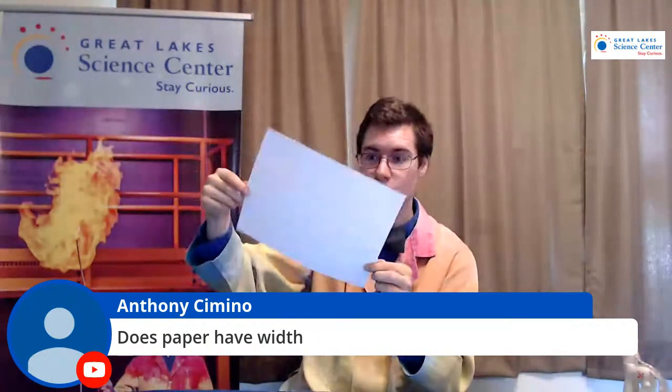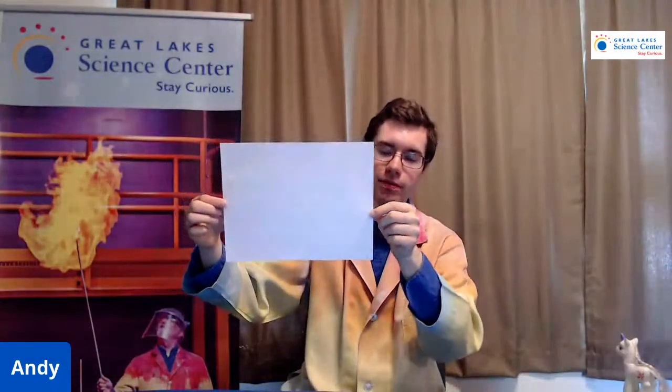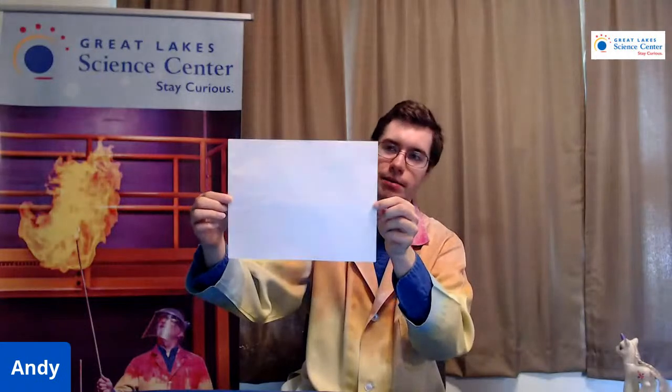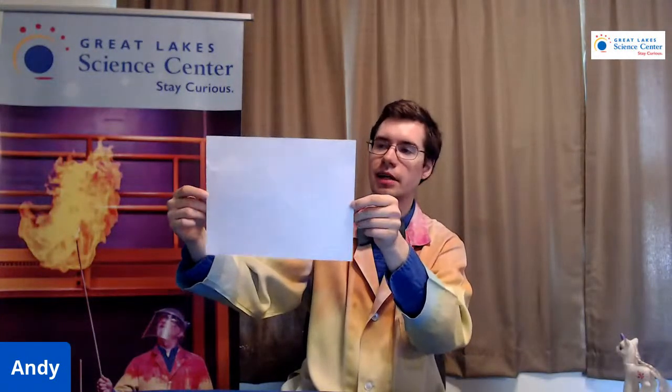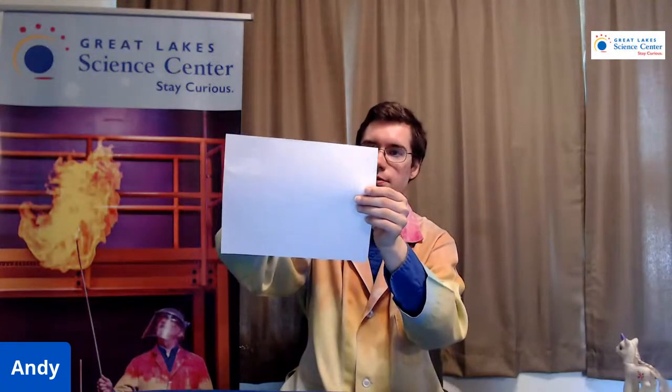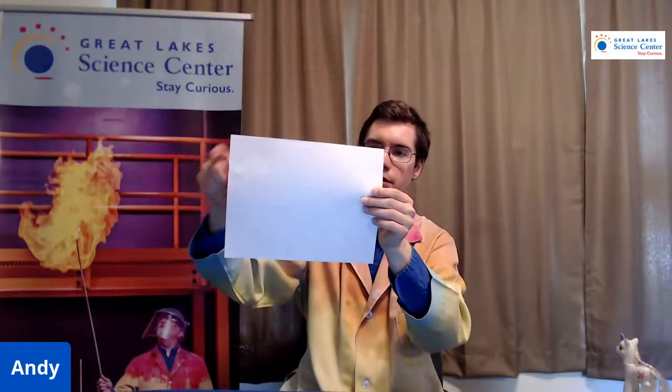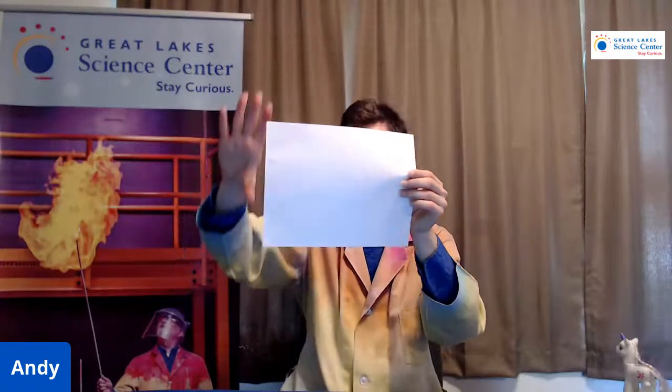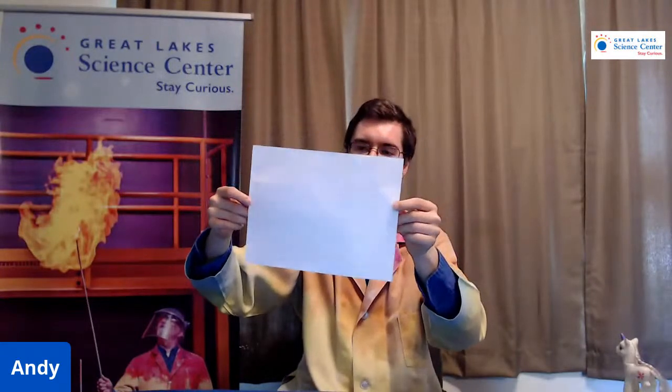The question that was posed by Anthony earlier was, does paper have width? Since paper is in a three-dimensional world, it does have width. It's really easy to measure this piece of paper, the length and height, if I hold it like this. The length is 11 inches, and the height would be 8.5.